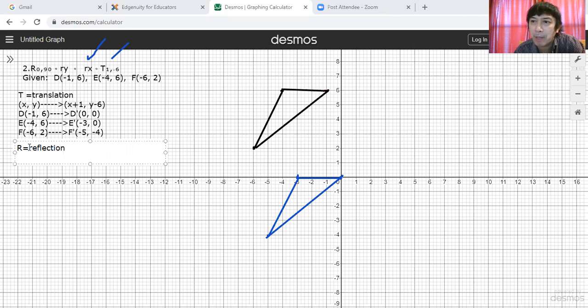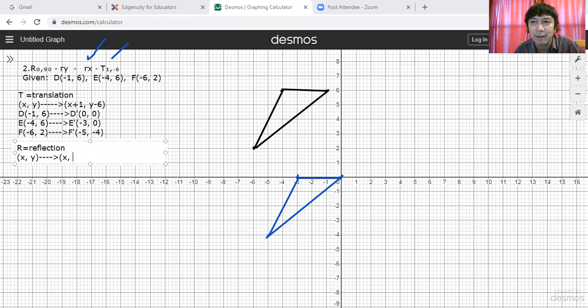Now, this is about the x-axis. That means the figure will be flipped about the x-axis, and the x values will not change. So the rule is, from the given set of points, we have the arrow, the x remains x.